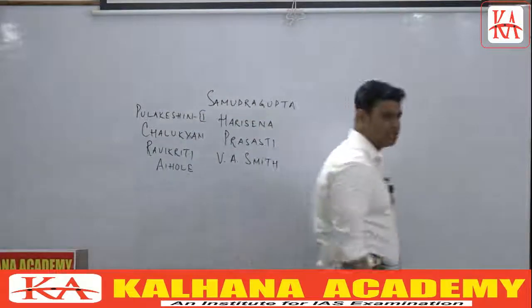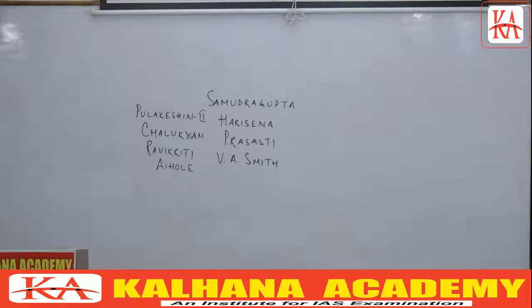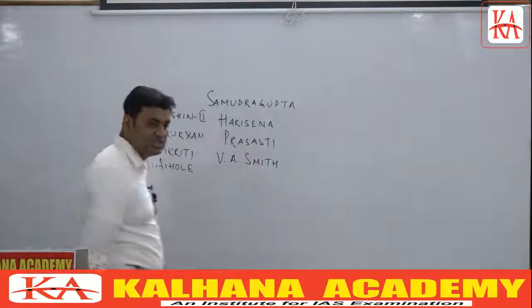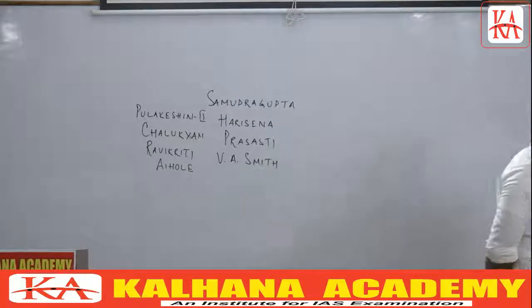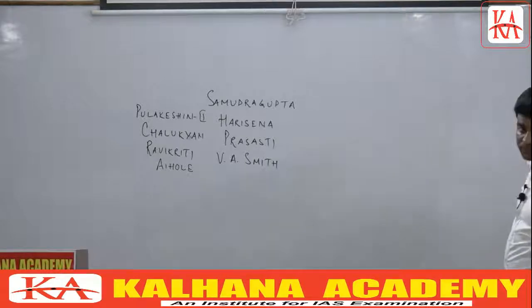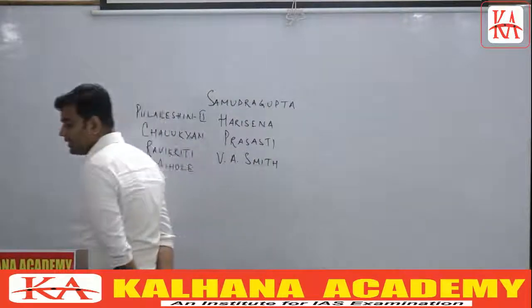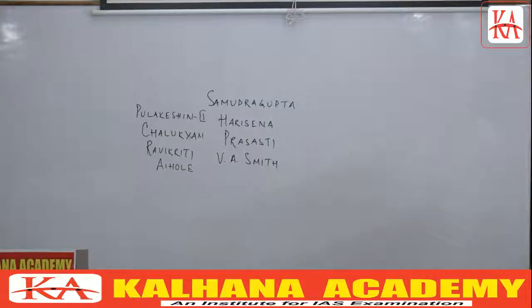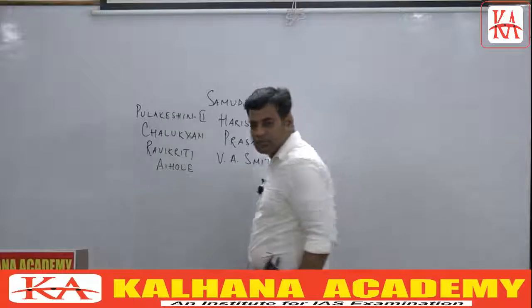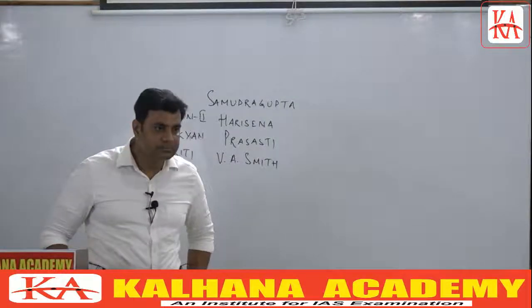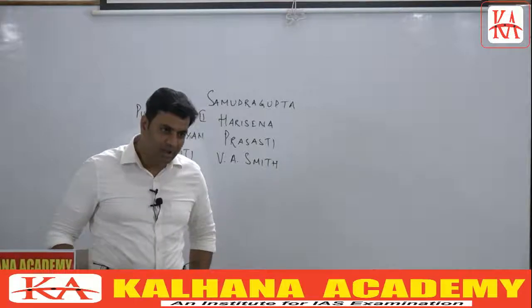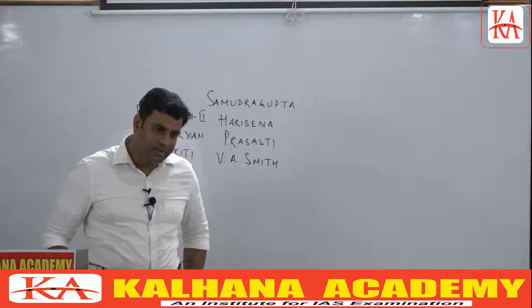Right, in this inscription, Ravikirti has clearly mentioned that Pulakeshin II was a powerful ruler who even defeated the ruler of North India, Harshvardhan, on the banks of river Narmada.